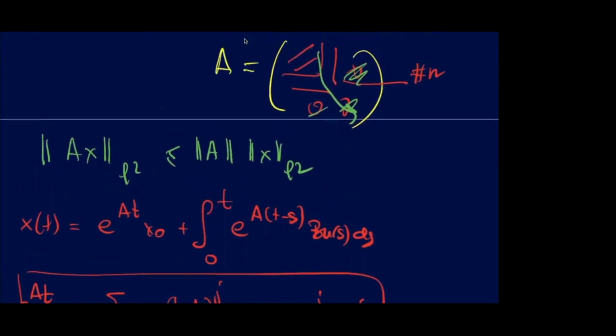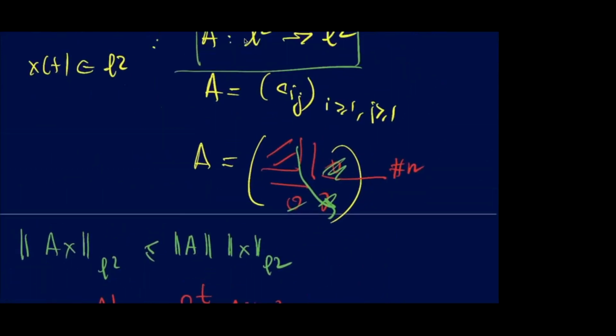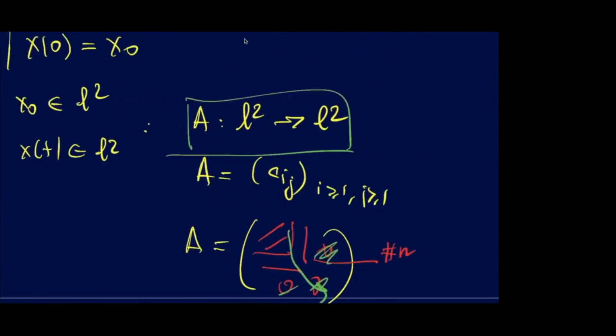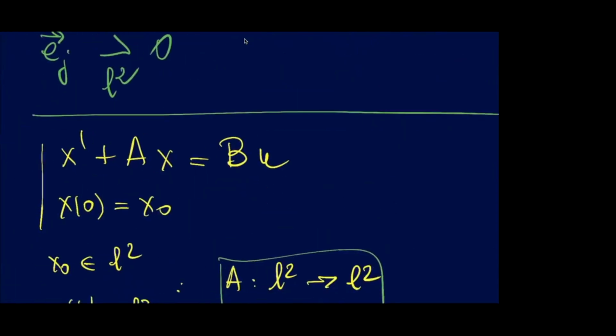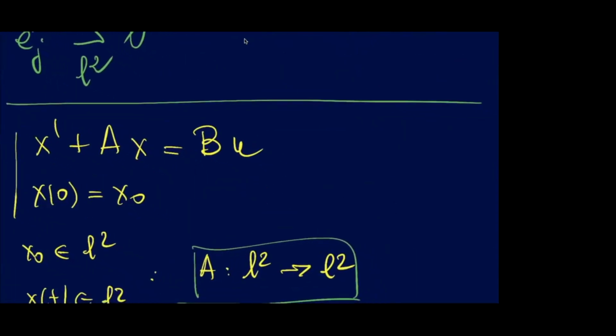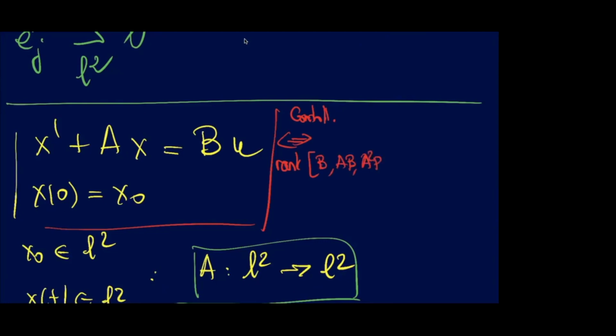And then people said, well, can I then say that controllability will be equivalent to the condition that the rank of B, AB, A squared B, up to A to the n minus 1 B, and then I continue up to infinity, is equal to infinity?